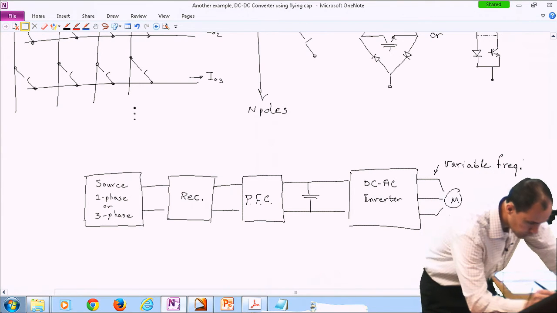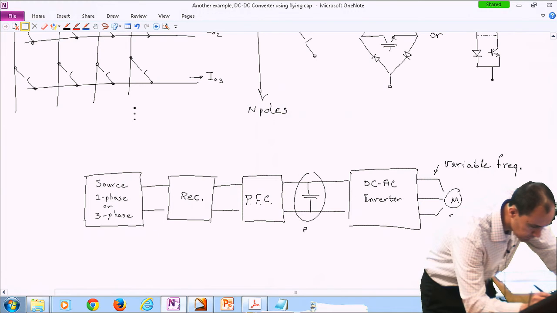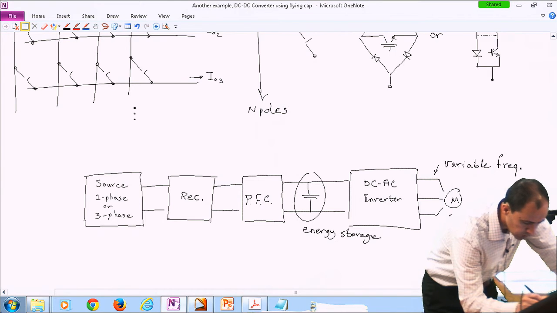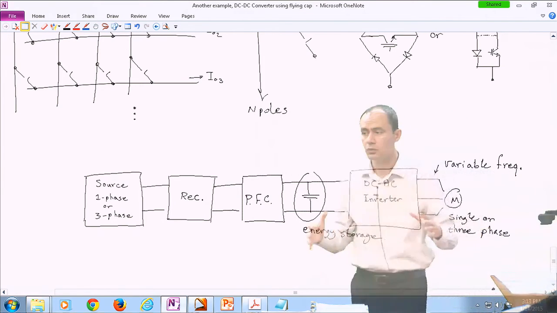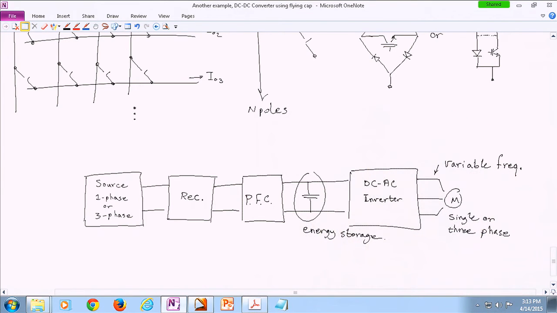And you have some sort of an energy storage here. It's not storing a humongous amount of energy. It's more like a filter, basically a buffer for energy. And this approach is called indirect frequency conversion.